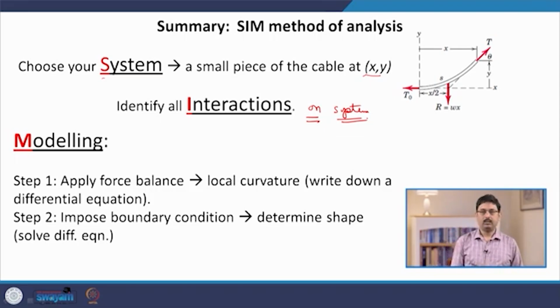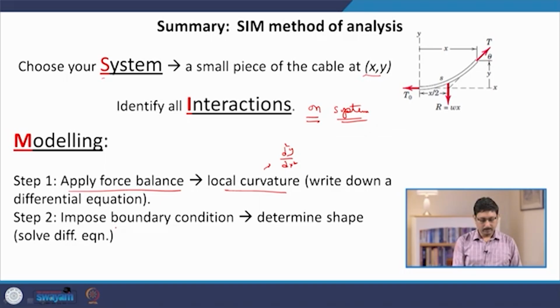And then our third part is the analysis. In this case, the tool that we used was the force balance, and from applying this force balance, we got a differential equation for the local curvature, which means the second derivative of y as a function of x, the y present in the curve of the rope.